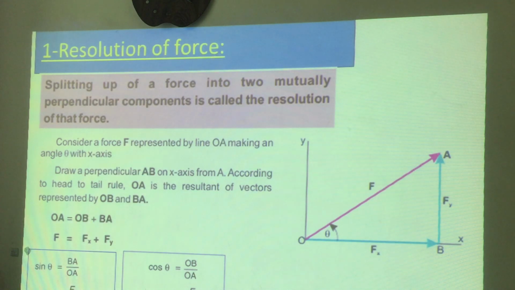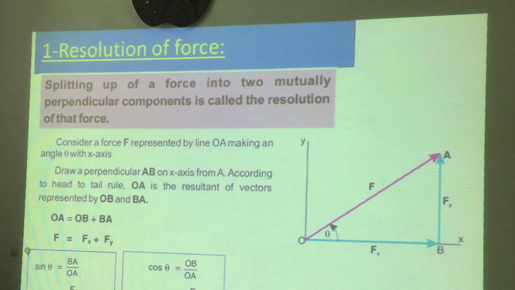So sine theta is equal to Fy over F, where BA is represented by Fy and OA is represented by F, right? This F is dividing here. When this F goes to the other side of the equal sign, it will go there with the inverse operation. If it is dividing, it will multiply.